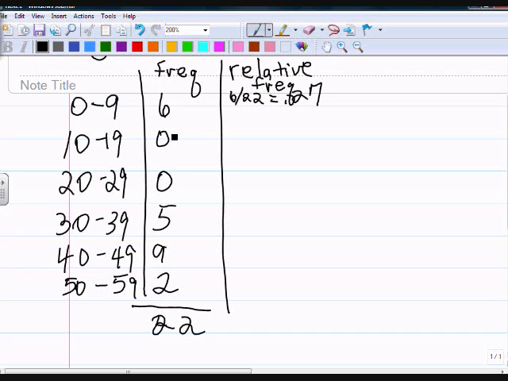The next two are pretty easy. Next one, 5 out of 22. We're going to call that 0.23, because that's 0.227.